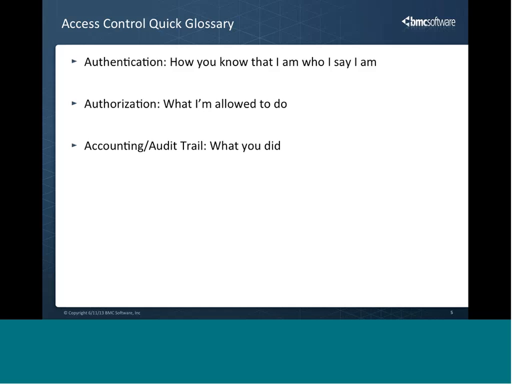And then the last thing is accounting, or an audit trail. If I am who I say I am, and authorizations say what I'm allowed to do, then the audit trail keeps track of what I have done. That's very useful and very important for people who implement access control systems. So there we go for that.